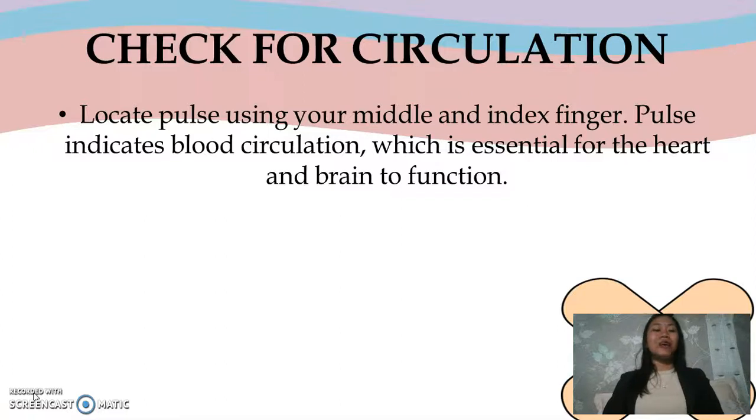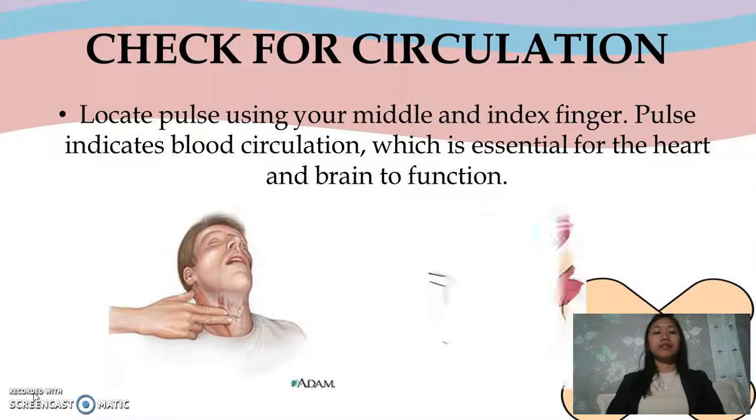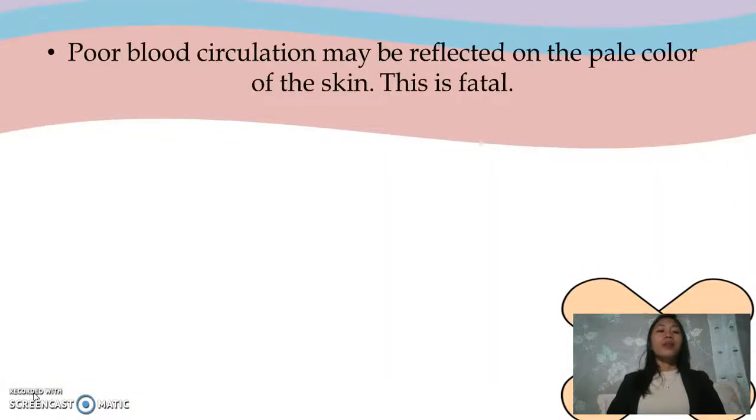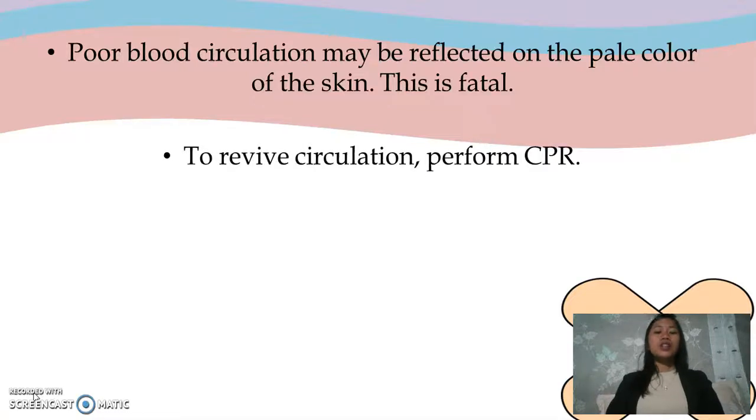Pulse indicates blood circulation, which is essential for the heart and brain to function. Poor blood circulation may be reflected in the pale color of the skin, and that is fatal. To revive circulation, perform cardiopulmonary resuscitation, or CPR.